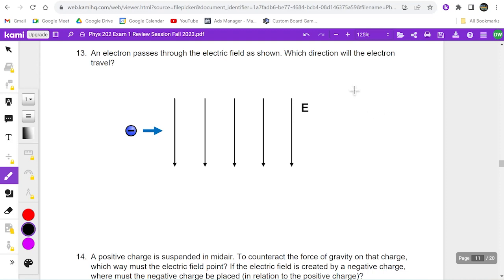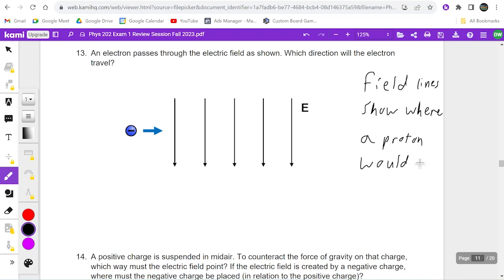Remember, this was one of the first things we said about electric fields, and that the field lines show where a proton, or just a positive charge in general, would go.